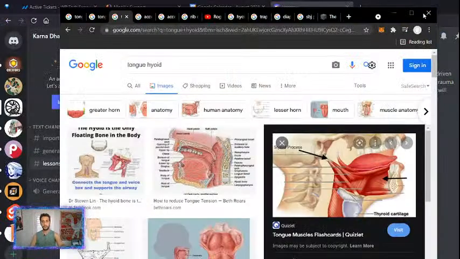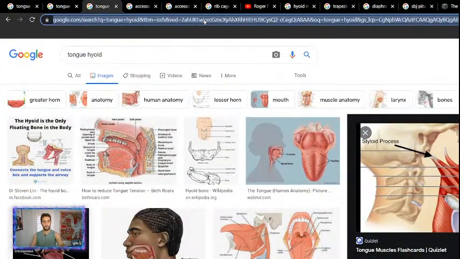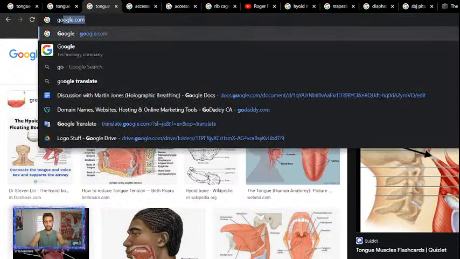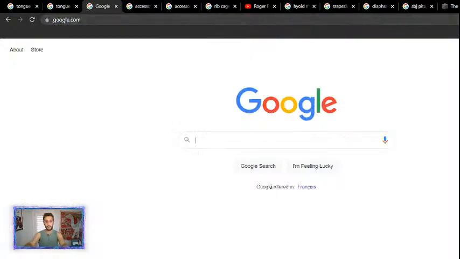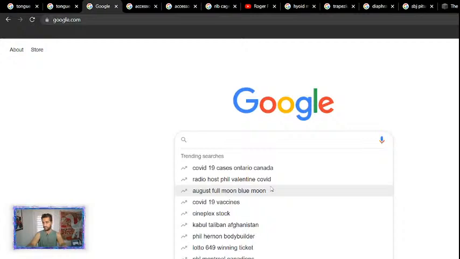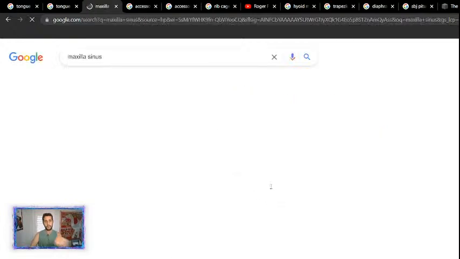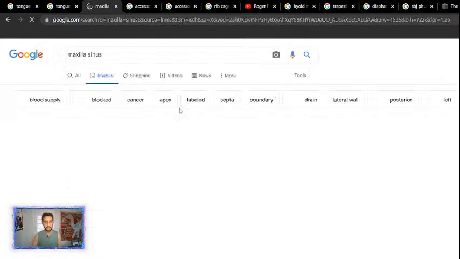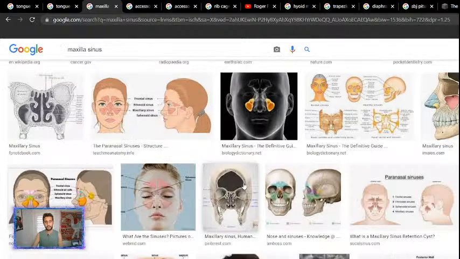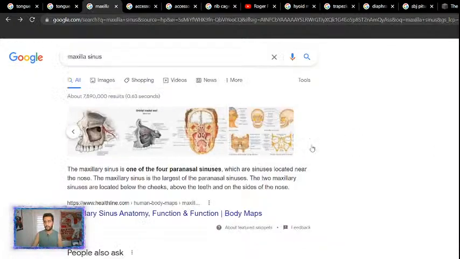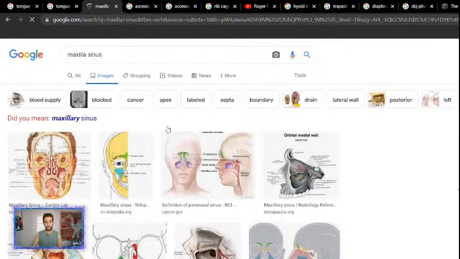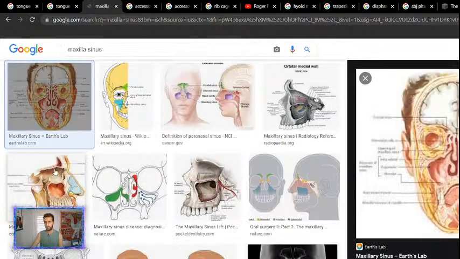When you breathe in through your nose, let's get a picture up here for you. So you have your maxillary sinuses, and you can look at these as if they were the lungs.